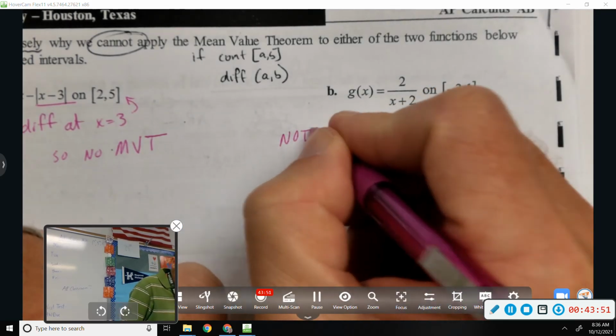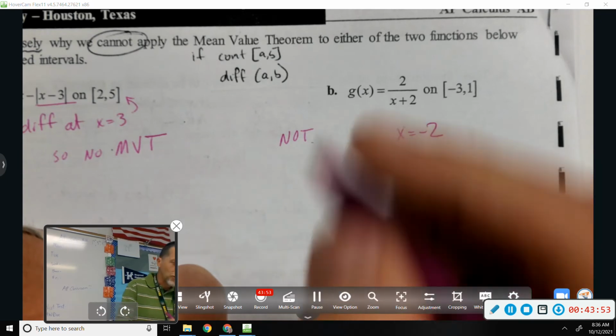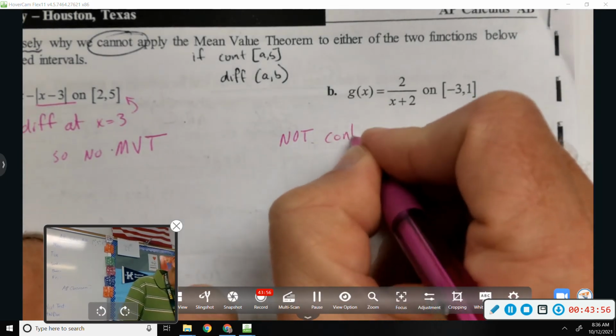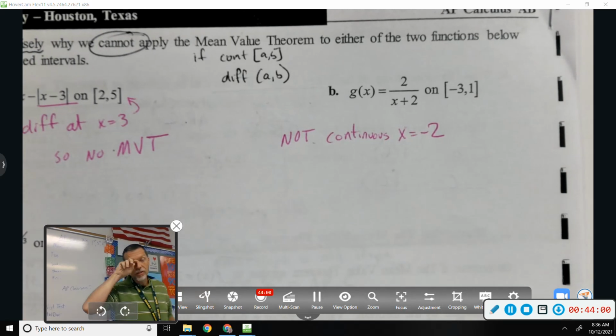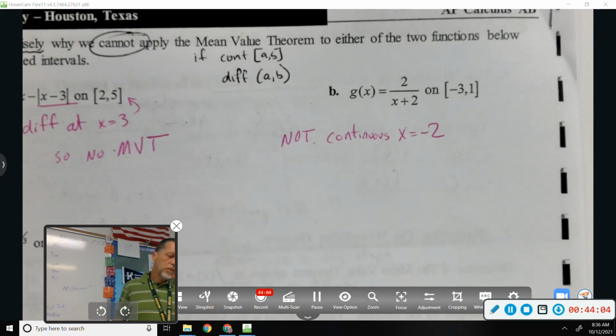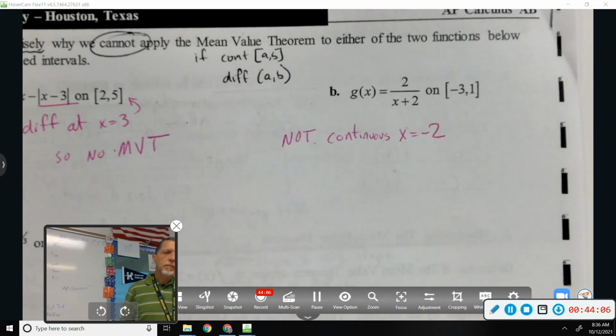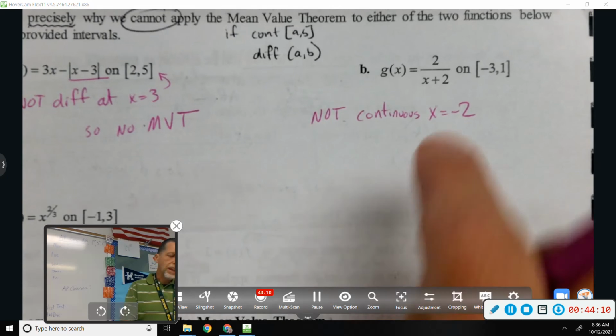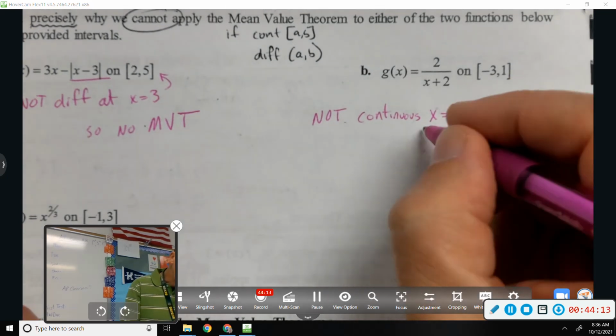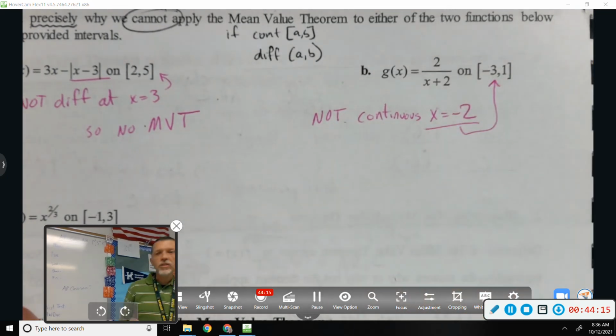It's not differentiable, but the reason it's not differentiable is because it's not continuous. So let's say not continuous. I guess I would accept not differentiable because that's true as well, but more precisely, it's not continuous. And again, negative 2 is on the interval we're concerned with. If we had looked at a different interval, then maybe it'd be okay.